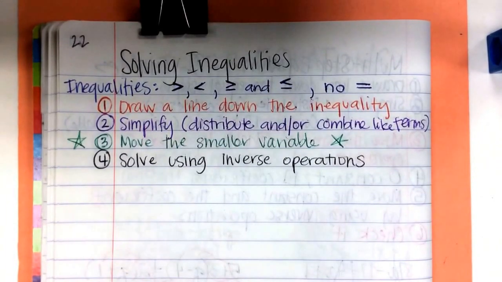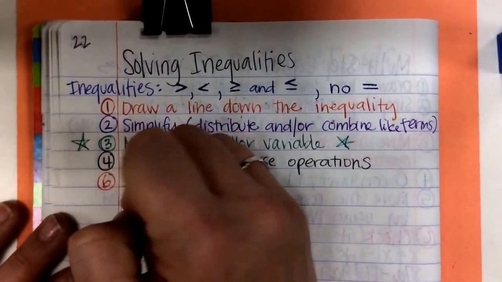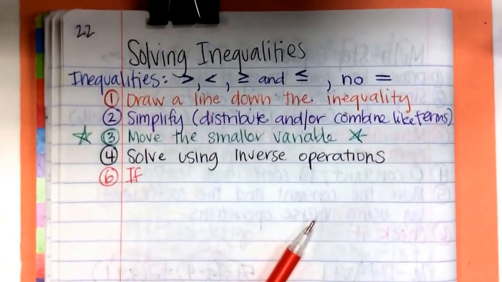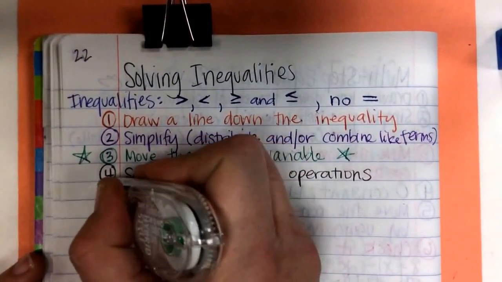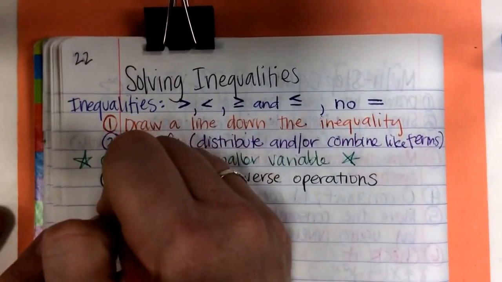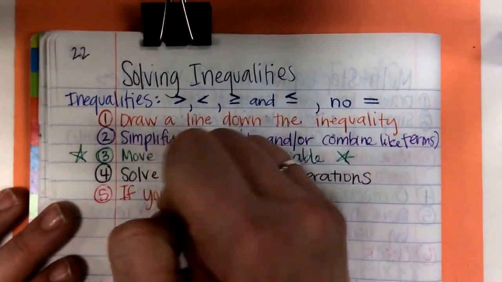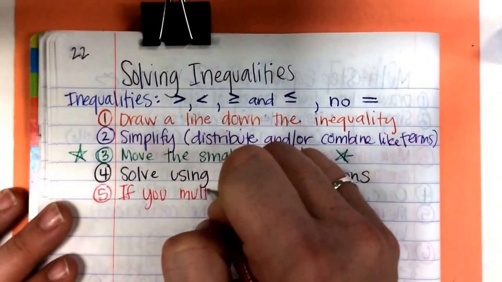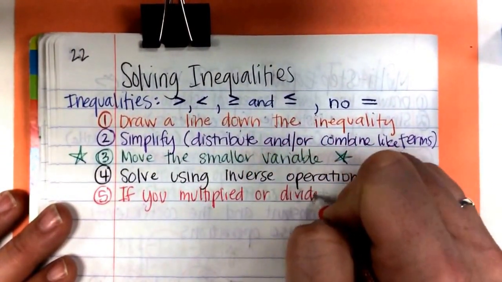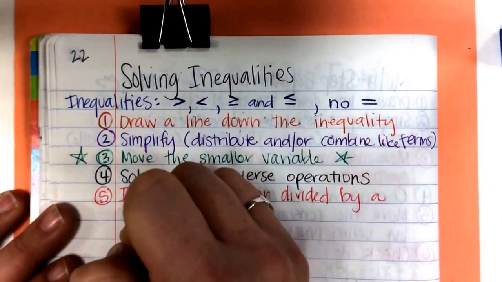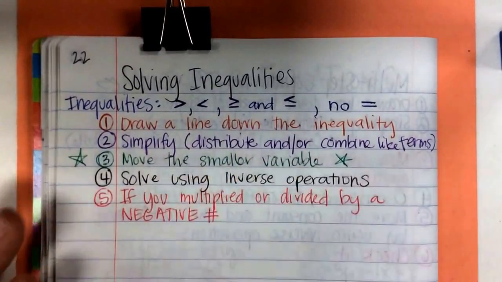After you solve using inverse operations, you must remember, that's what screws everybody up. 5. If you multiplied or divided by a negative number.